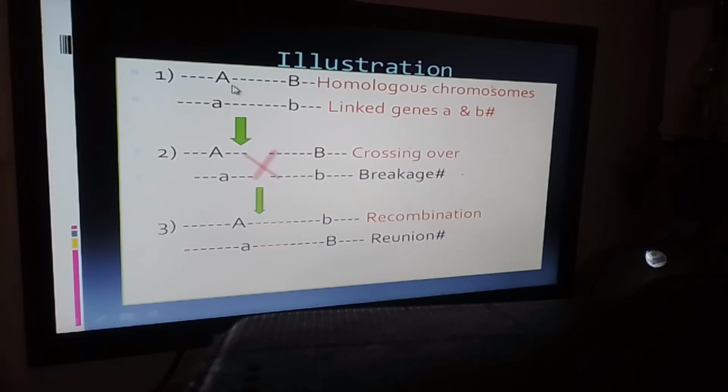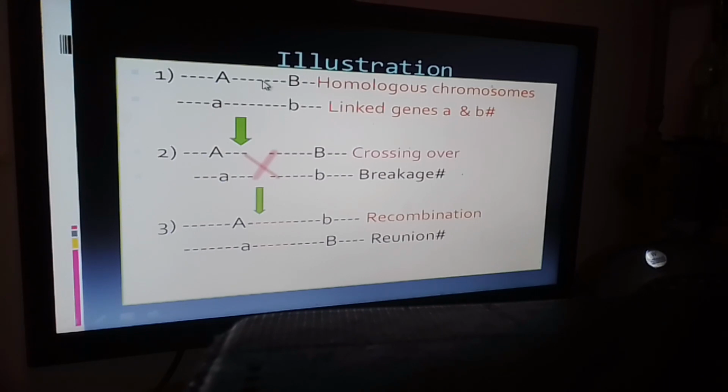Now here you see this chromosome having these two genes, capital A, capital B, and the homologous one has small a, small b. Whether they are dominant or recessive form doesn't matter.